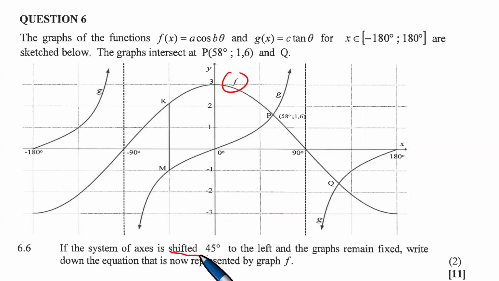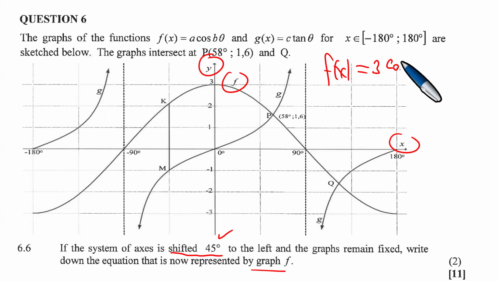If the system of axes, the y and x axes, is shifted 45 degrees to the left, what happens as a consequence? You need to write down the equation now represented by graph F. Now let's look at the fact that F is 3 cosine theta.